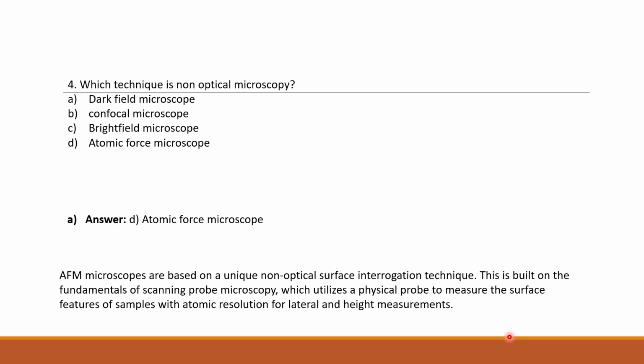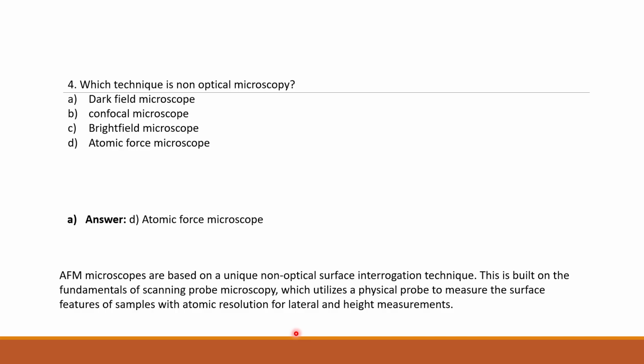So if you want to know the topography of the sample, it's called topography. Which means where there is depth, where there is height, how large it is, if there is a bump somewhere, how widely it is spread on the surface, where there is a narrower area, something like that. So how is it done? It is built on the fundamentals of scanning probe microscopy. Scanning probe means you will have a tiny probe.